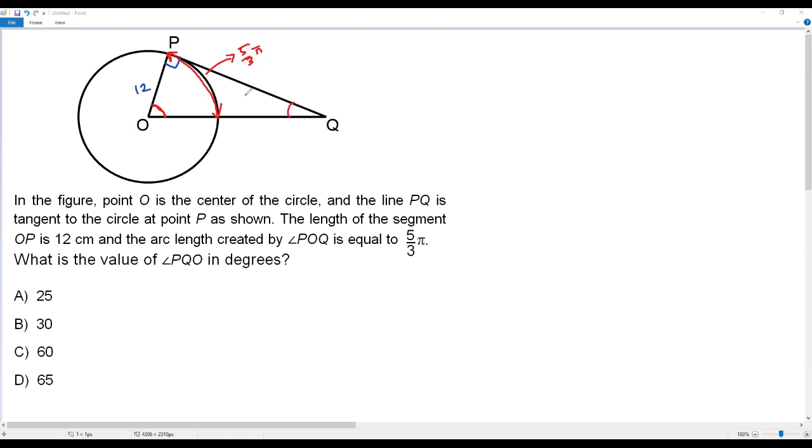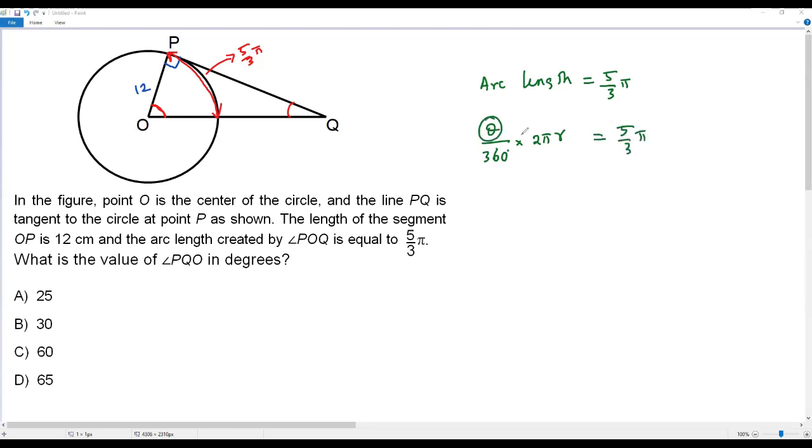Okay, so here we have the length of the arc created by this angle POQ. Let me write it over here. So arc length is given, that is 5/3 times pi. We know the formula to get the arc length: theta over 360 degrees times 2 pi r, which is the circumference of the circle, equal to 5/3 times pi.